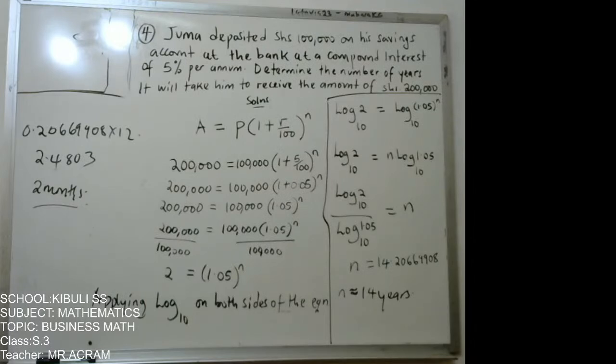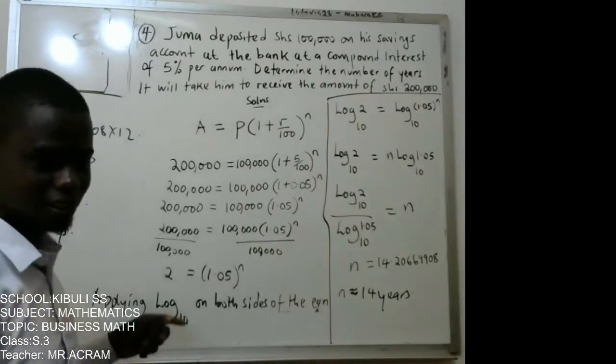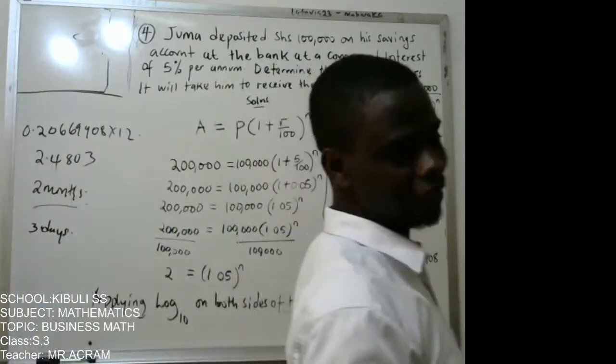0.809896 times 7. I'm also getting some 3 days. So there are 14 years, 2 months and 3 days that I've tried to approximate.